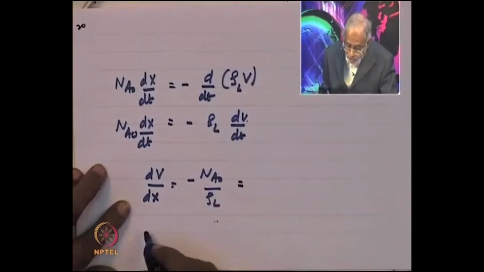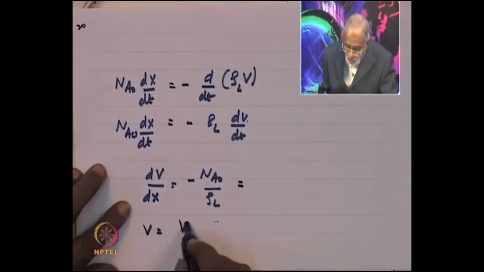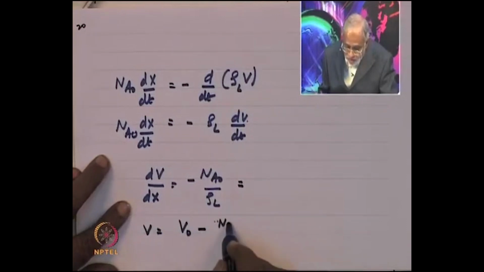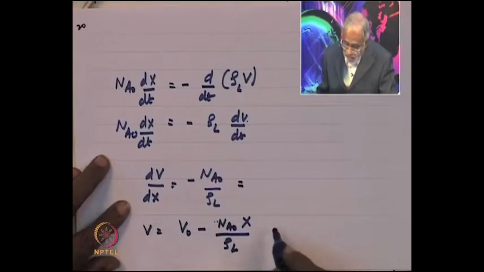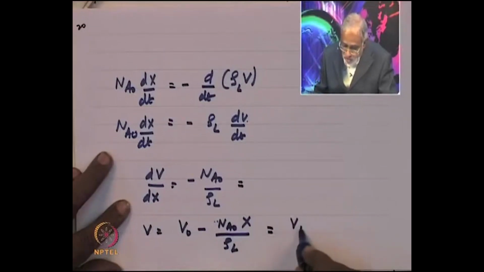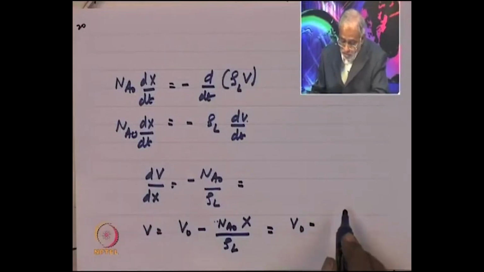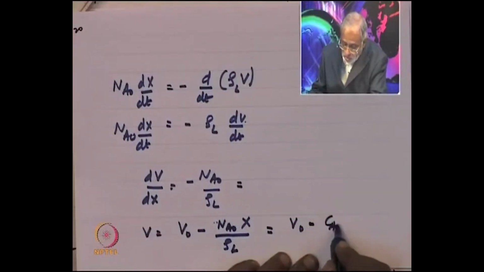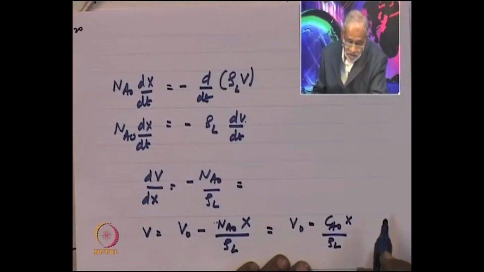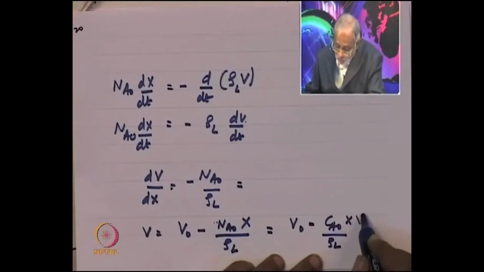Let me integrate this, I will get V equal to V_0 minus N_A0 x divided by rho_L. Okay. I will write this as V_0 minus C_A0 x by rho_L. Is it all right? C_A0 x by rho_L times V.